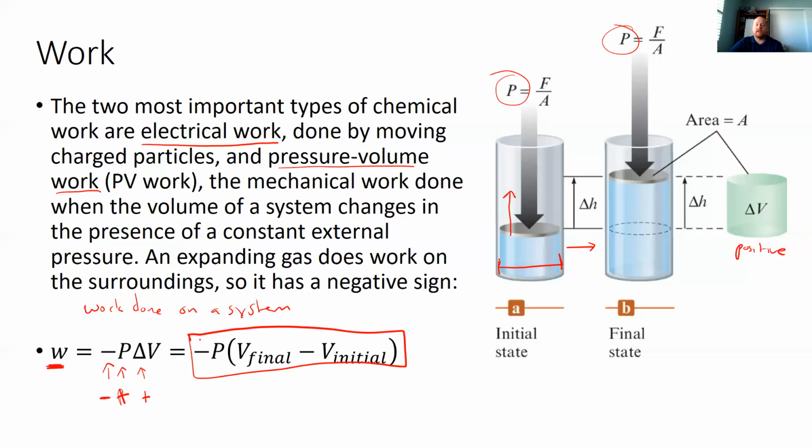And we're going to spend very little time on this because the situations that we tend to look at in chemistry involve work that's very, very small compared to the energy associated with the overall process. Basically, work values are going to be so small as to be negligible for many of these systems that we look at, okay?